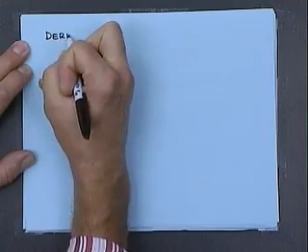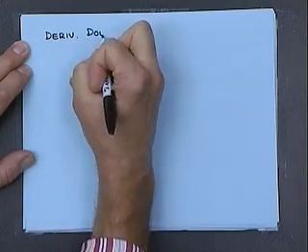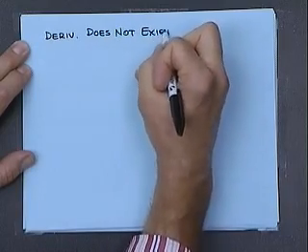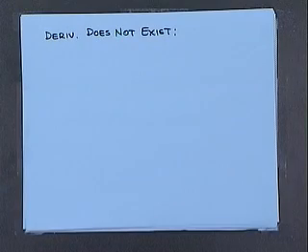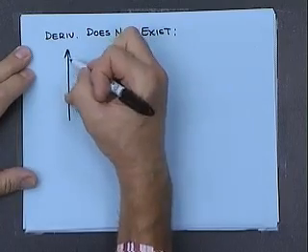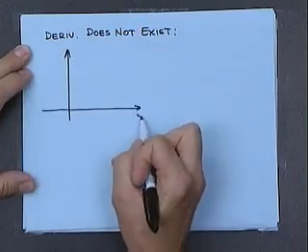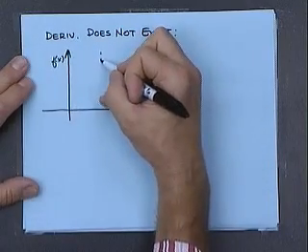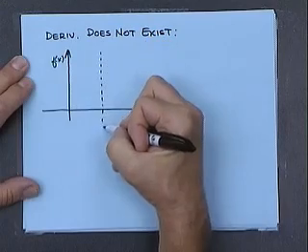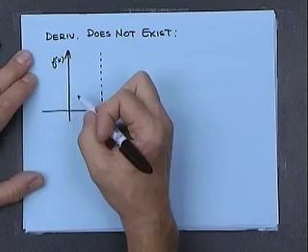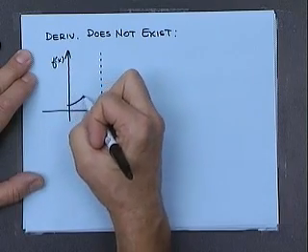So if a derivative does not exist, what could happen graphically that would cause this to be the case? Asymptote. Could have an asymptote. So now I'm graphing the original function. If we have a vertical asymptote here, let's say x equals a, the graph itself could do something like this.